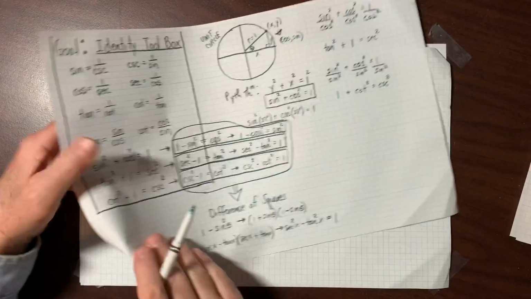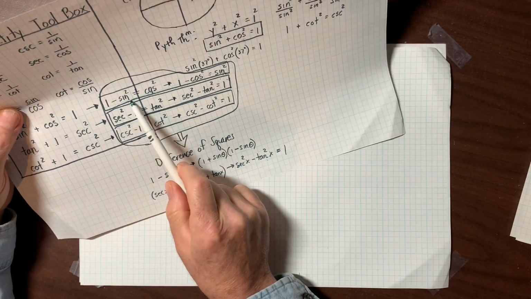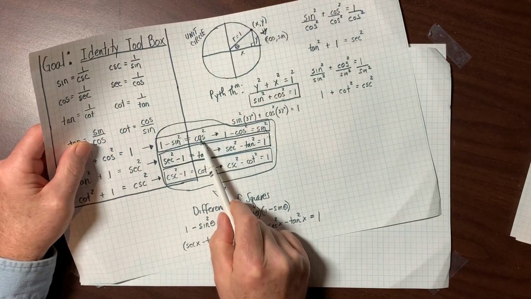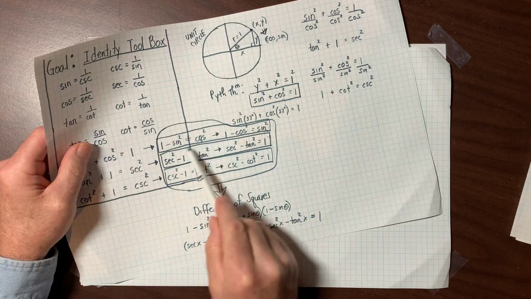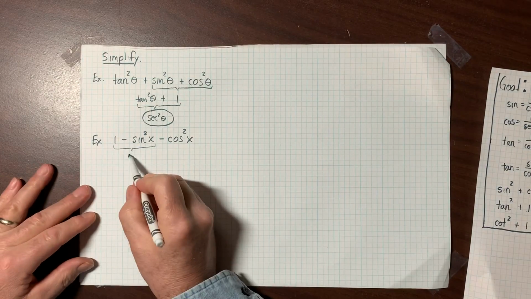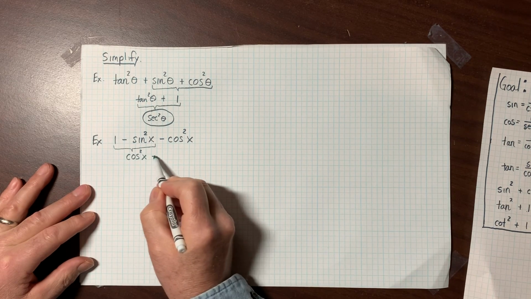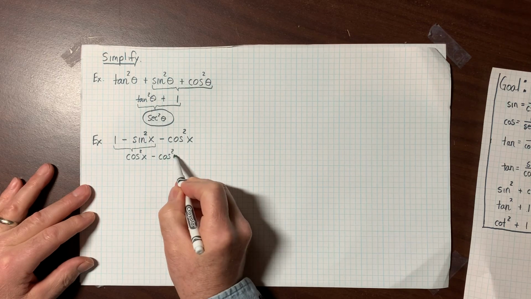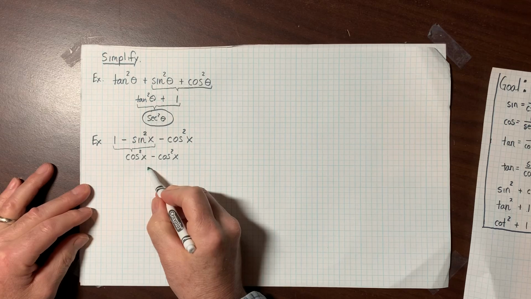And I know that 1 minus the sine squared is equal to the cosine squared. So I'm going to substitute cosine squared for 1 minus sine squared. So I'm going to put cosine squared right here instead of the 1 minus sine squared. And then cosine squared minus cosine squared would simply be 0.